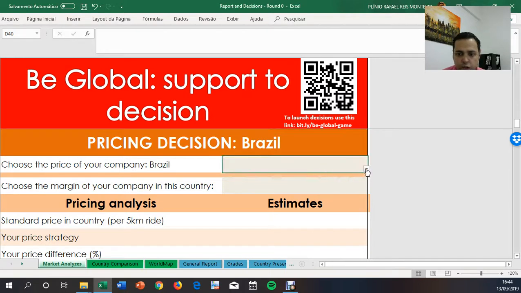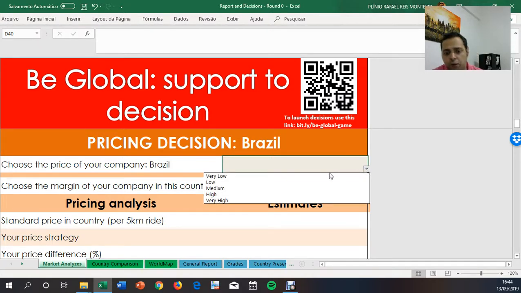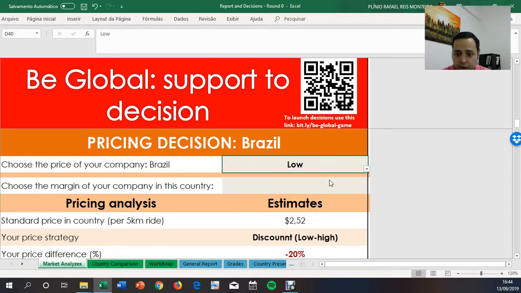And we need to choose our price level. The pricing level represents the average price that you will ask customers to pay for a 5 kilometer ride. And I will use a low price for entering into the country. And also the margin level.